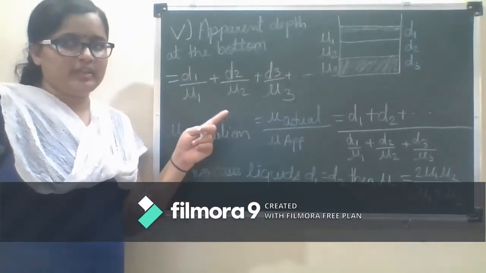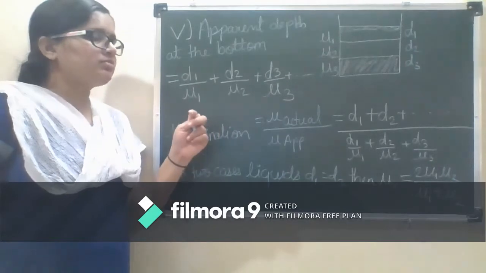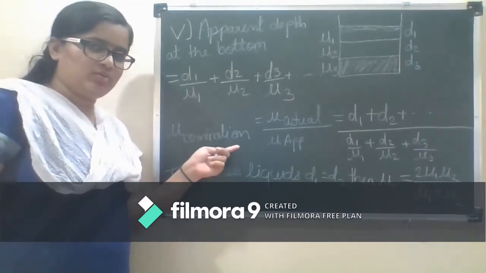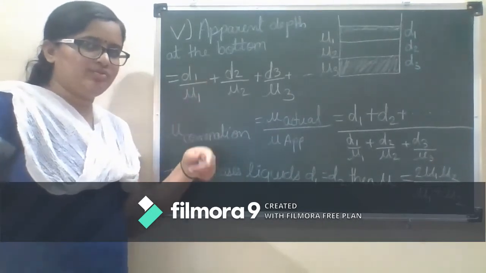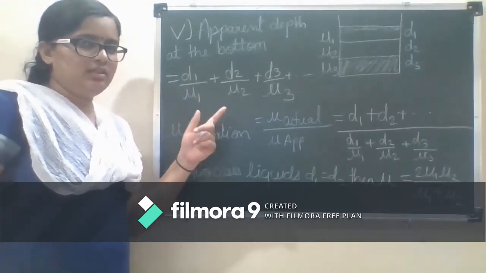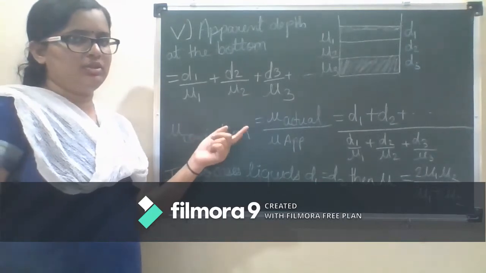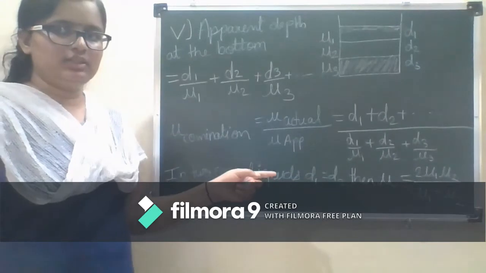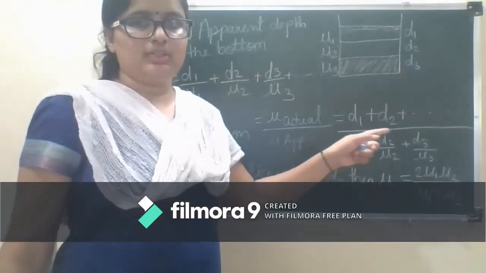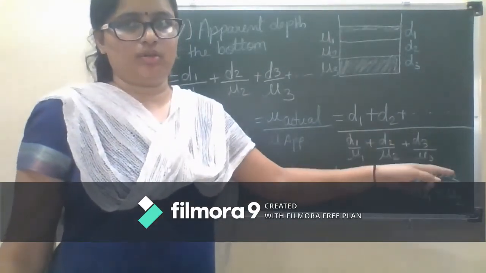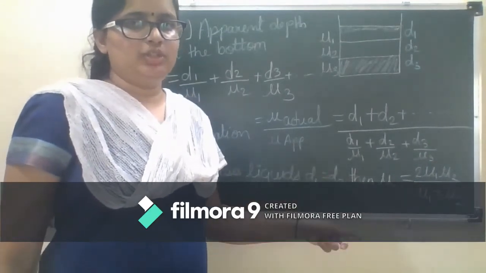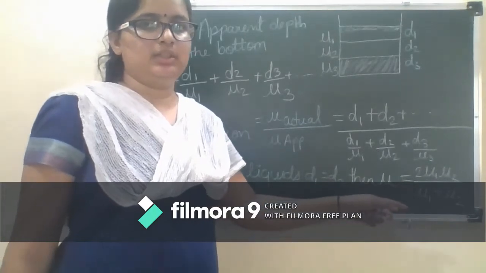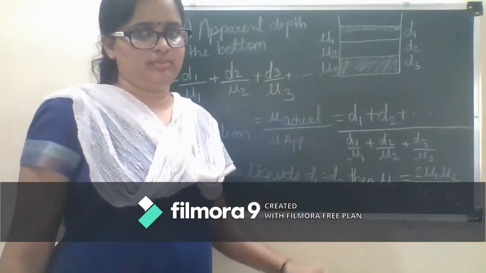This is for the liquid. Then mu for the combination, as a whole, of the three layers of the beaker is mu equal to (d1 plus d2 plus d3 and so on) upon (d1 upon mu1 plus d2 upon mu2 plus d3 upon mu3).